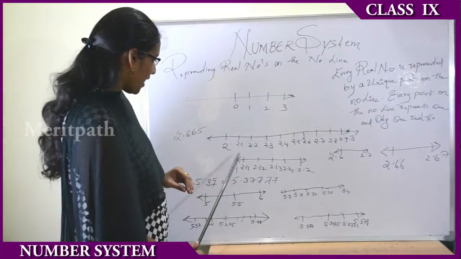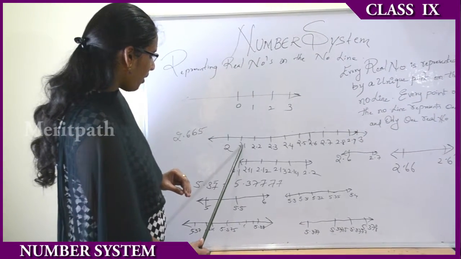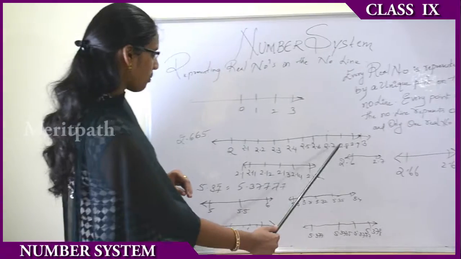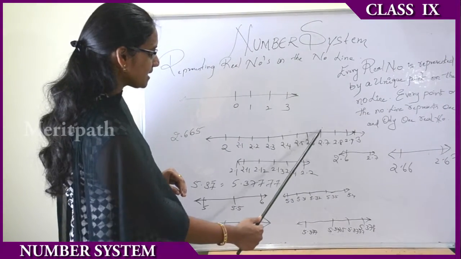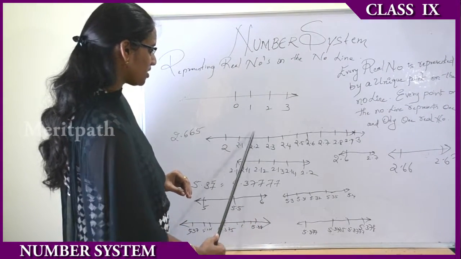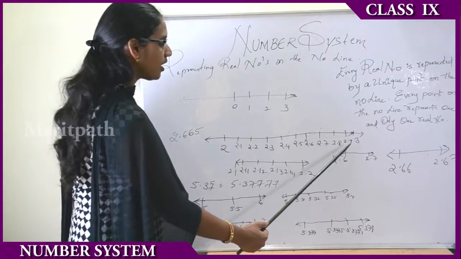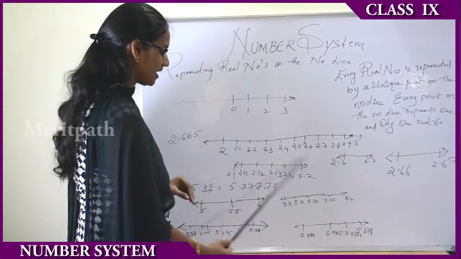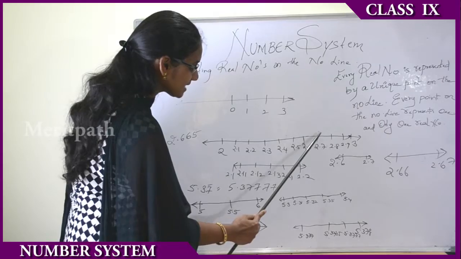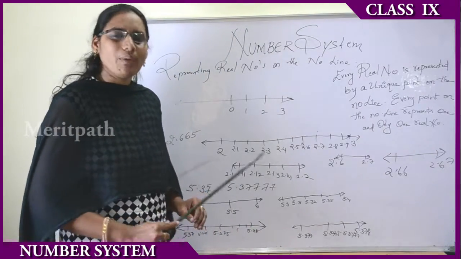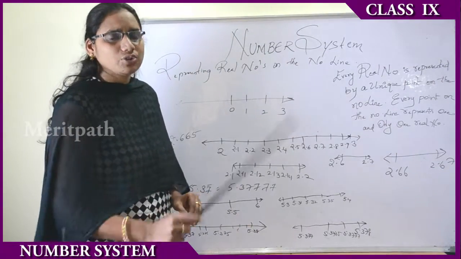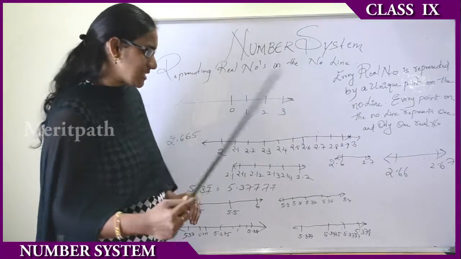That is, we mark 2.1, 2.2, 2.3 and so on up to 2.9, and later we get 3. In between 2.6 and 2.7 also we have multiple numbers, that is 2.61, 2.62 and so on.